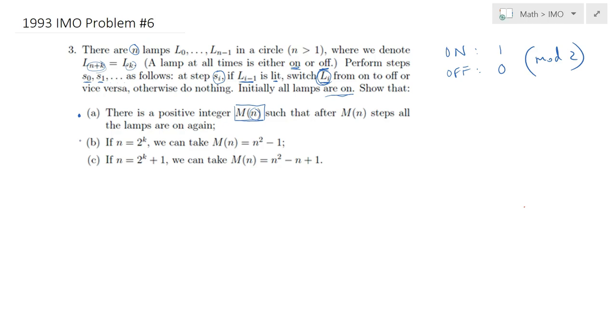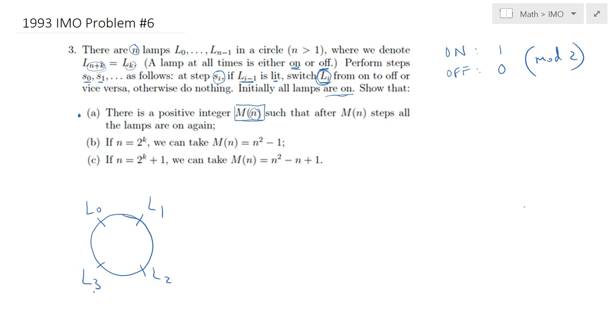Let's play these games. The easiest way to think of this is obviously to play it. So let's consider the following. Arranged on a circle, L sub 1, L sub 2, we should have started from L sub 0. Sorry for that.